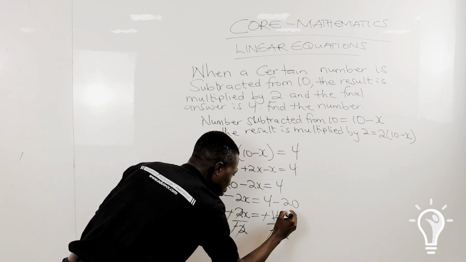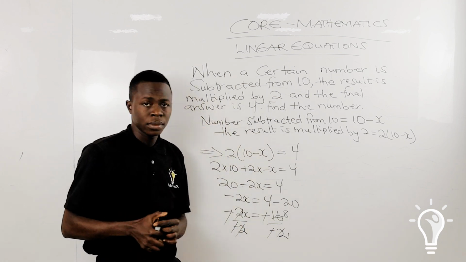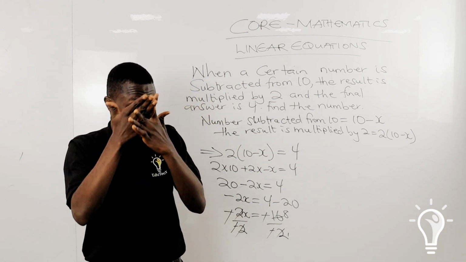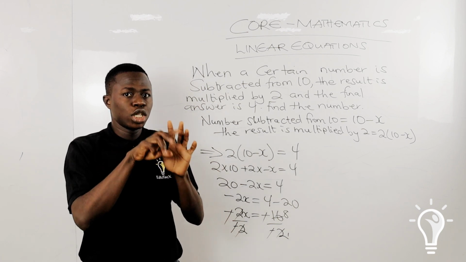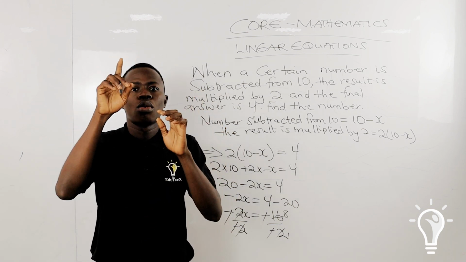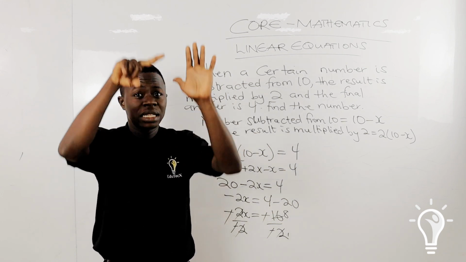Then you remember, when minus 2 is dividing minus 2, the minus on the numerator and in the denominator cancel out. So 2 divided by 2, and the answer we are going to have is x.